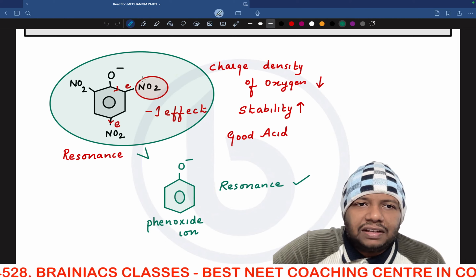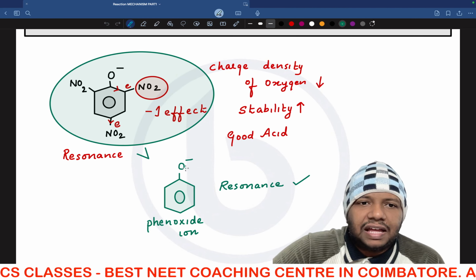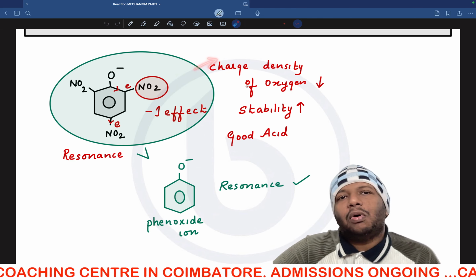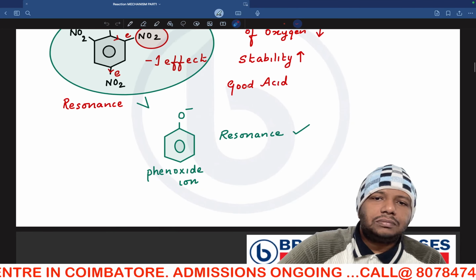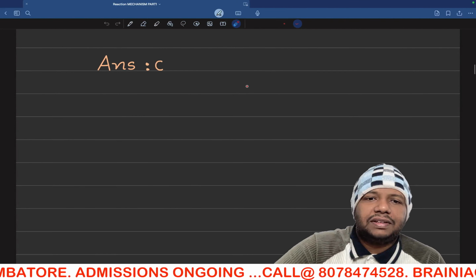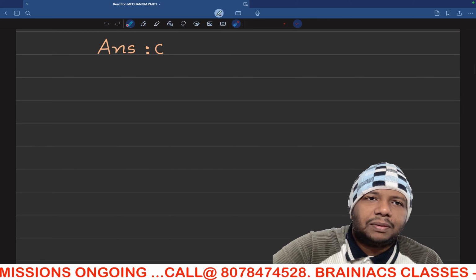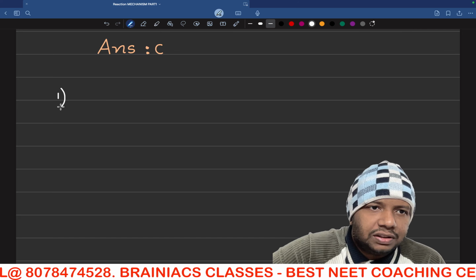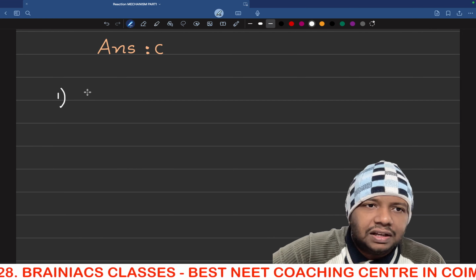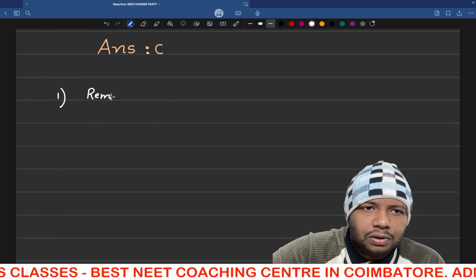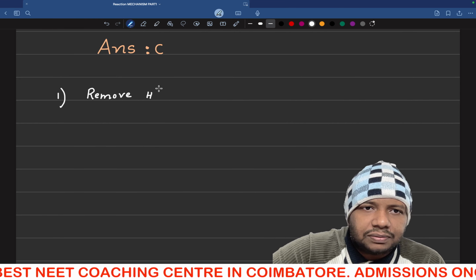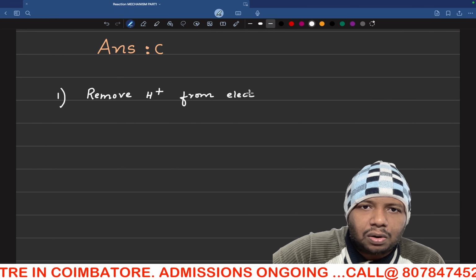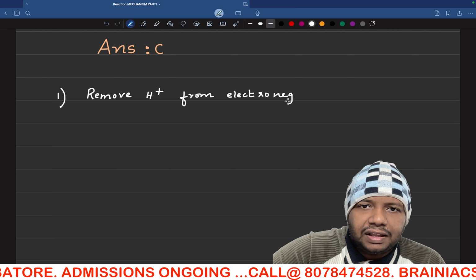So from this we understood that the first structure is more stable than the second one, the phenoxide ion. So the corresponding acid would be a stronger acid. Okay. So how can we summarize it, sir? How do we check the stability? The first thing you need to do while comparing acidic strength is remove the H plus from the electronegative element.